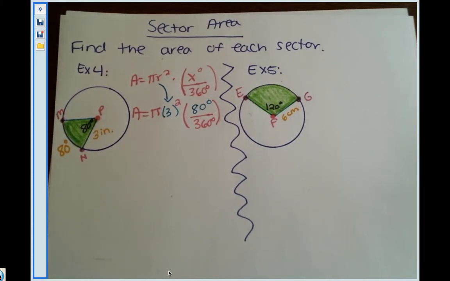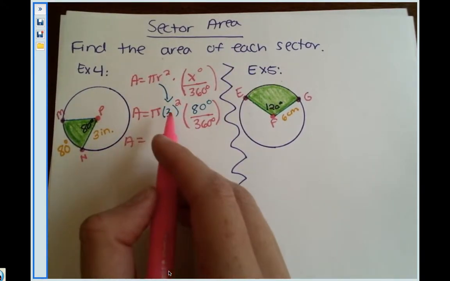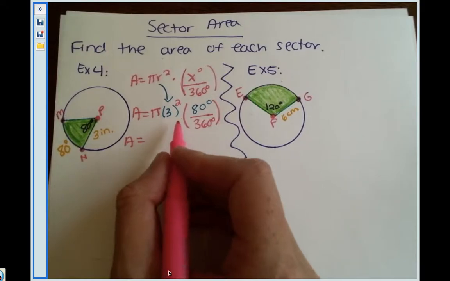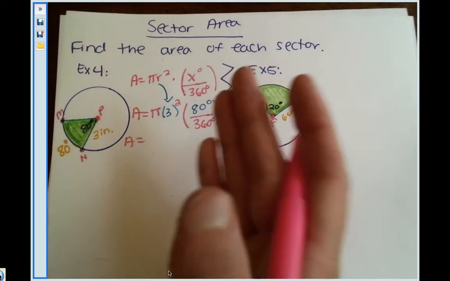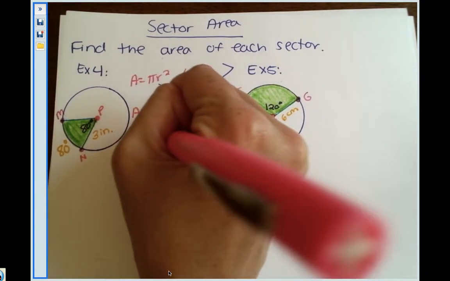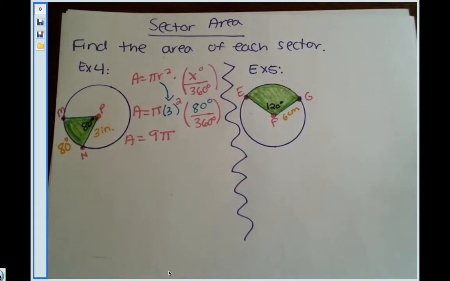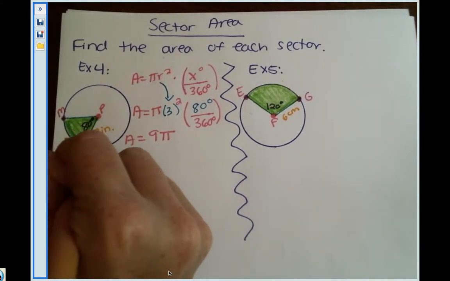Okay, so area equals pi times 3 squared, and 3 squared is 9. I'm going to write 9 pi, because the number comes before the pi, which doesn't make any sense, but that's just how it is. And I need to reduce this fraction down, so I'll do that down here where I have a little more space. 80 over 360.